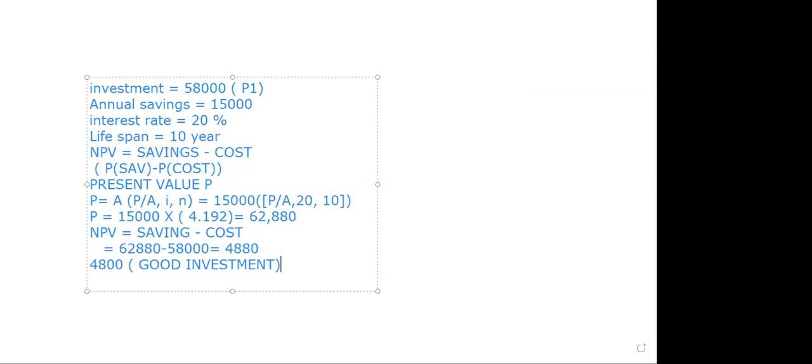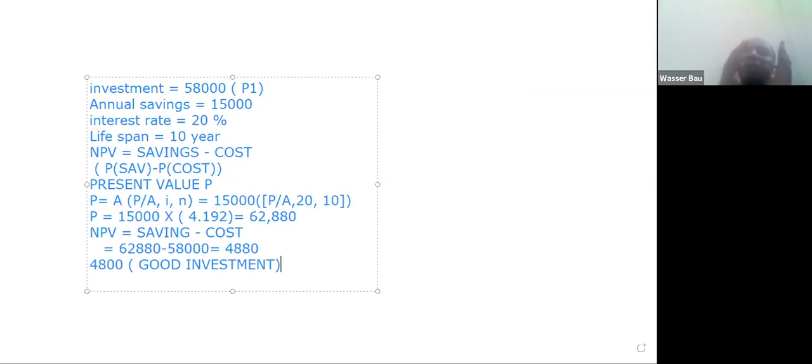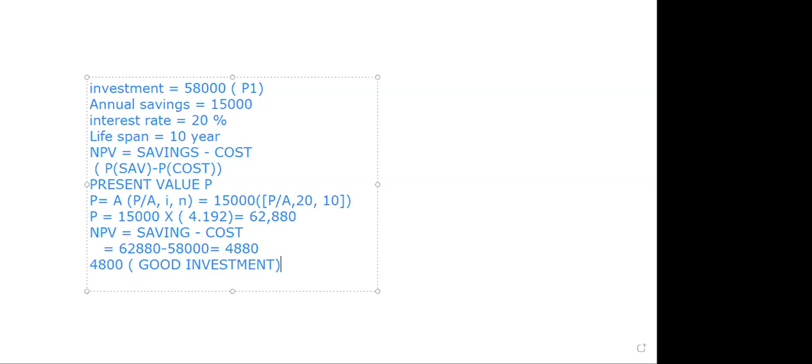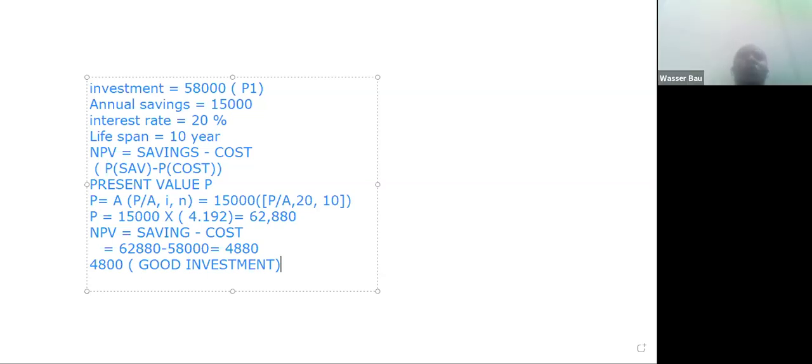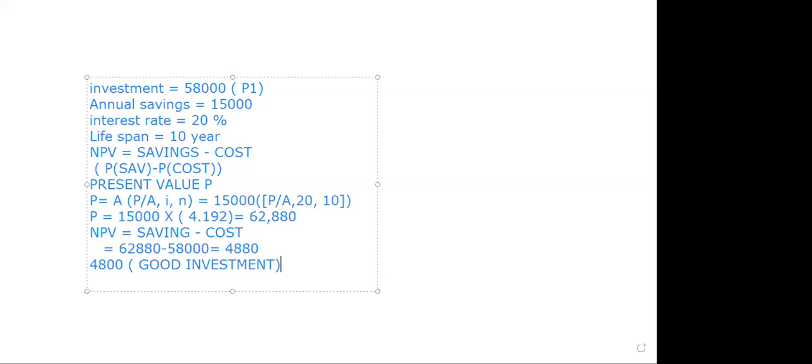So when we do investment appraisal, NPV is the major tool we use, because it gives you the present worth, and the decision you want to take is in the present. So you need to bring all the economic terms to the present.